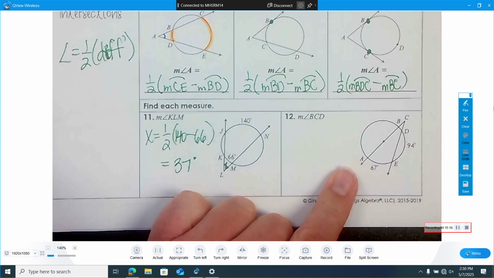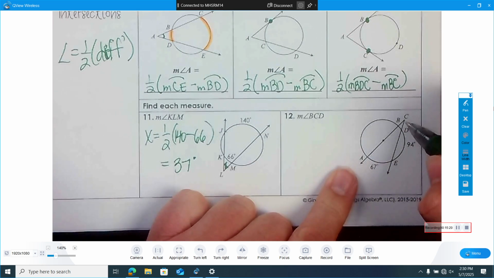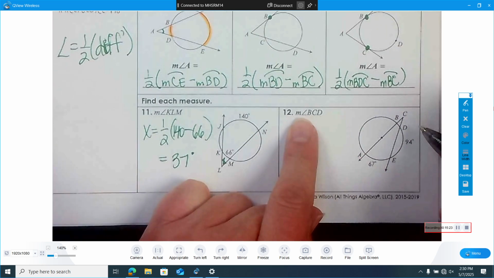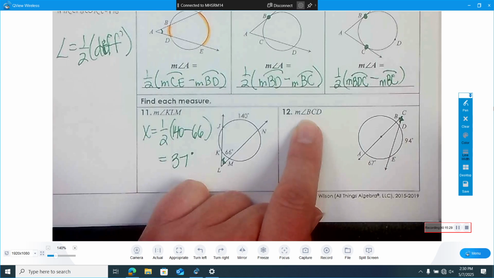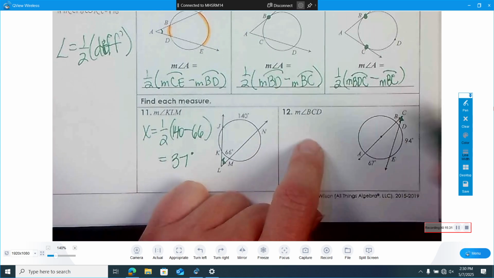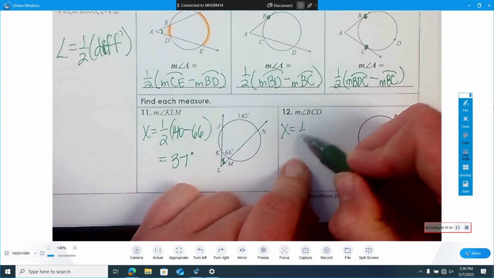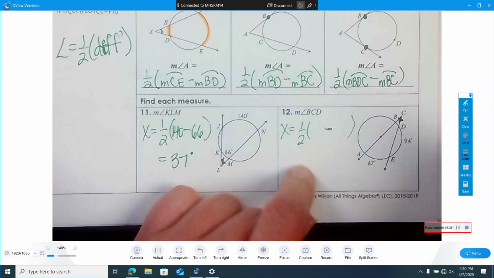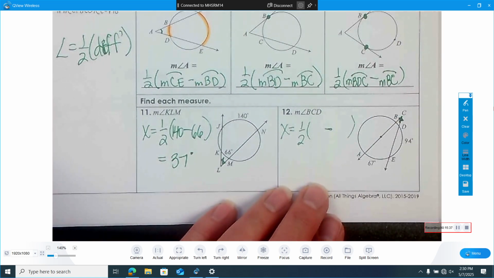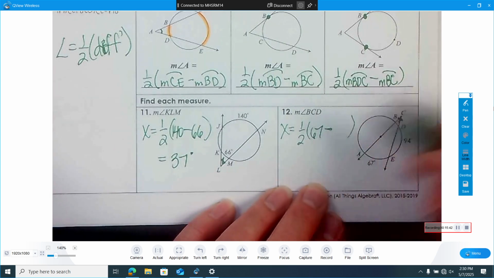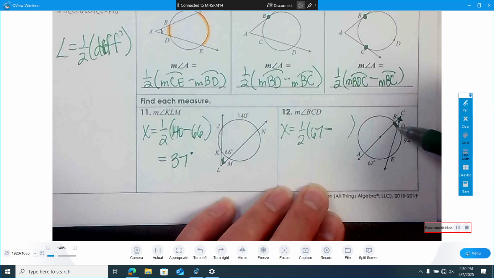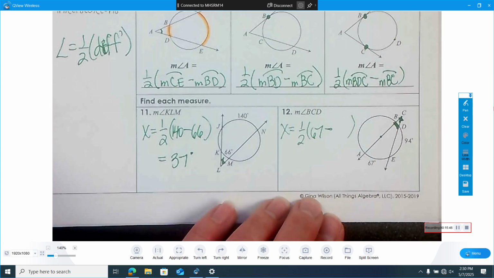Let's look at number 12. Number 12 says we want to find the measure of angle BCD. So that's right here, this little angle way up here. So x is, again, going to be half the difference. The far arc I know is 67, but what is this arc BD right here? How do we find that arc?